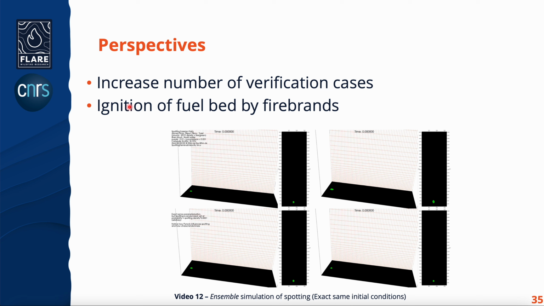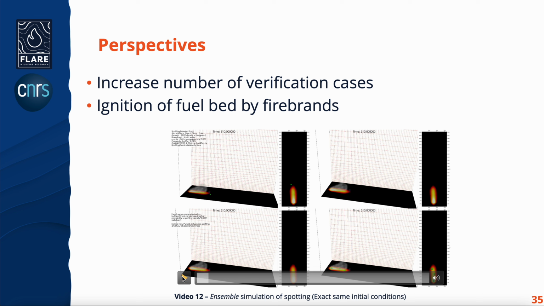And the last thing that we're working on is the ignition of the fuel bed. So in this case, you see 4 simulations of the same exact atmospheric initial conditions, but with ignition that is stochastic, so that it depends on the deposited firebrand mass, but also on a certain probability.